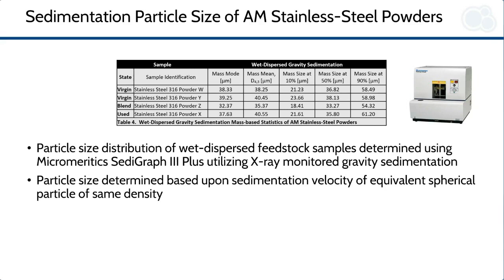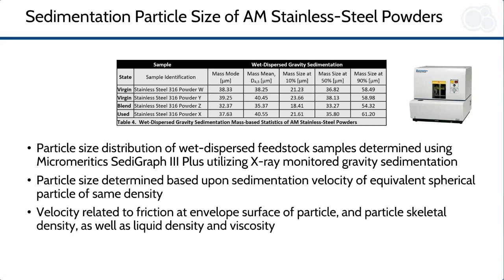The diameter of that equivalent settling sphere is taken as the diameter of the particle under test. The sedimentation velocity is dependent on the friction between the settling particle and the liquid, a function of the particle size, the difference between the particle density and the liquid density, and the viscosity of the fluid.